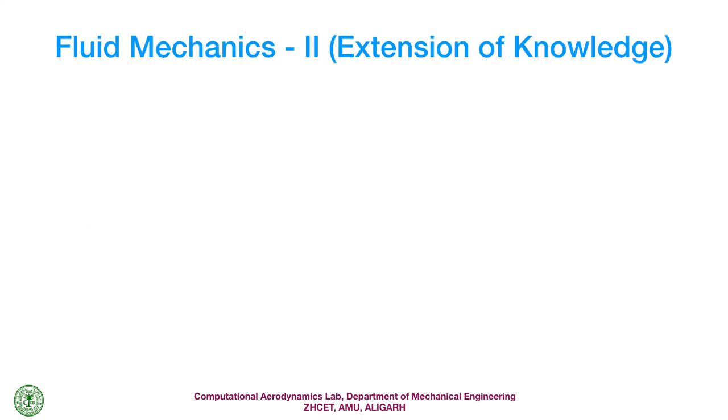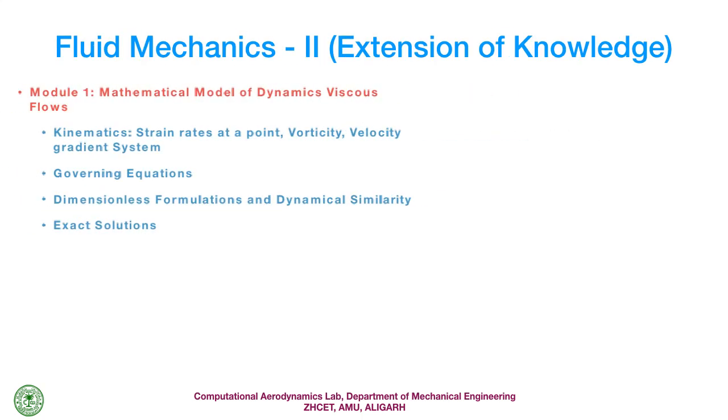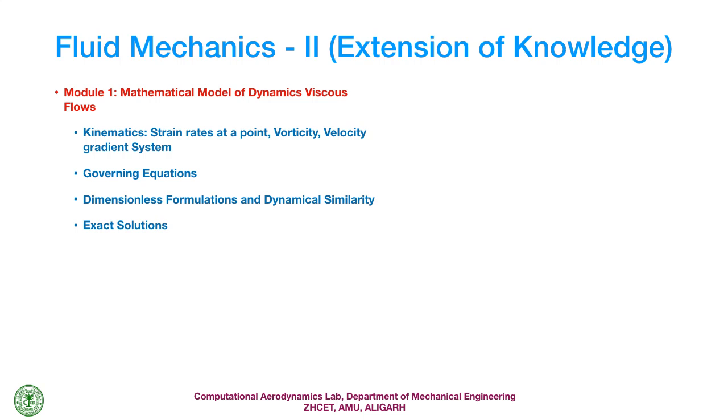But in this course, which is an extension of Fluid Mechanics 1, we have divided the material into 3 modules. The first module is the mathematical model, the dynamics of viscous flows. The first is the kinematics, which we will deal with in module 1 lecture 1.